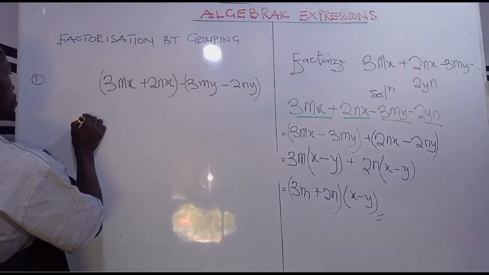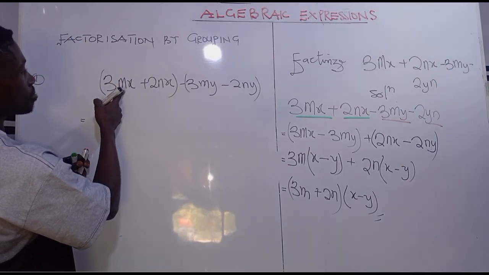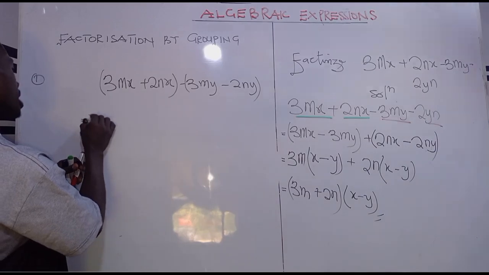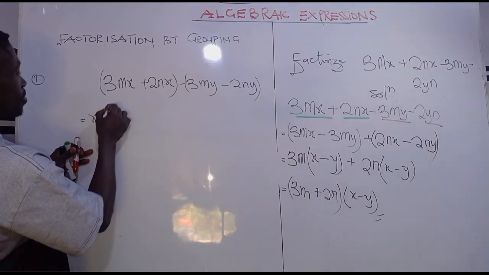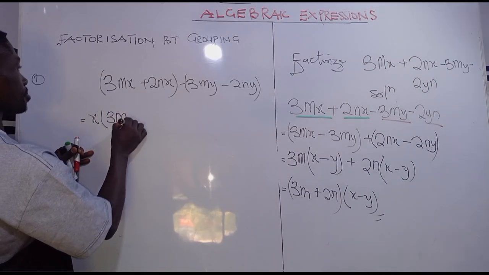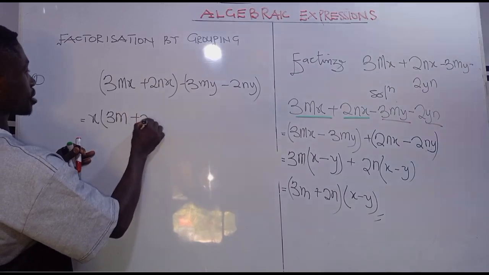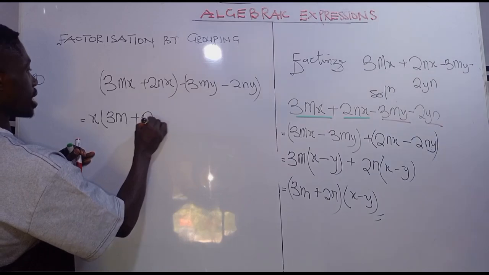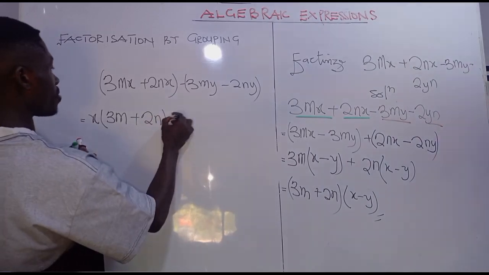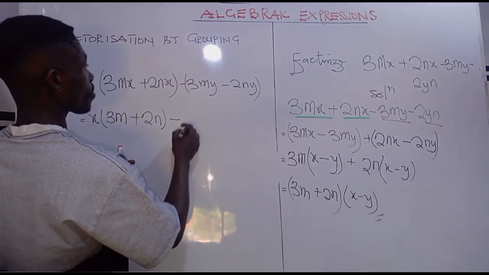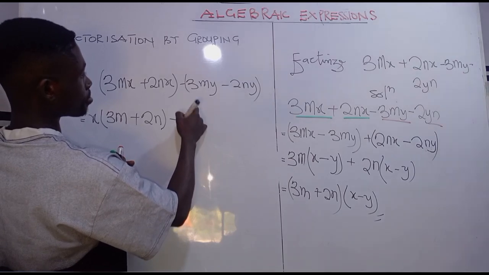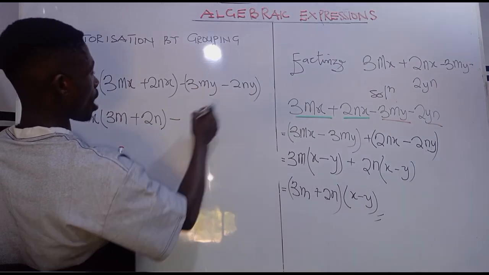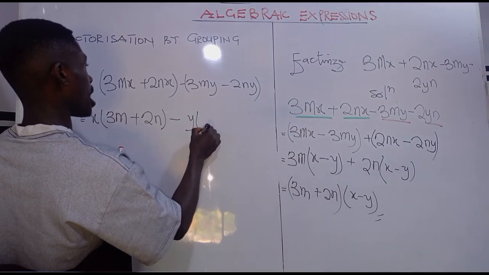So let's factorize them. We have x here, so x can come out. We are left with what? 3m. We have our plus. Now this x is out, we are left with what? 2n. So we have our minus. We have y here, y here, we can also factorize y out.